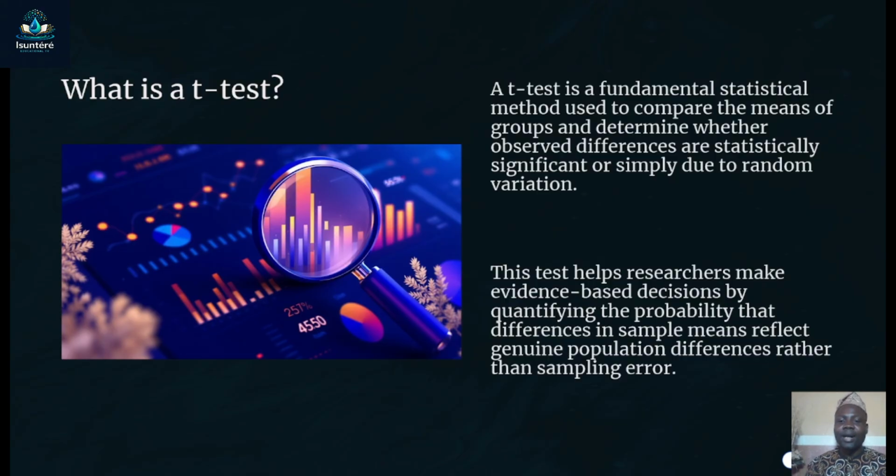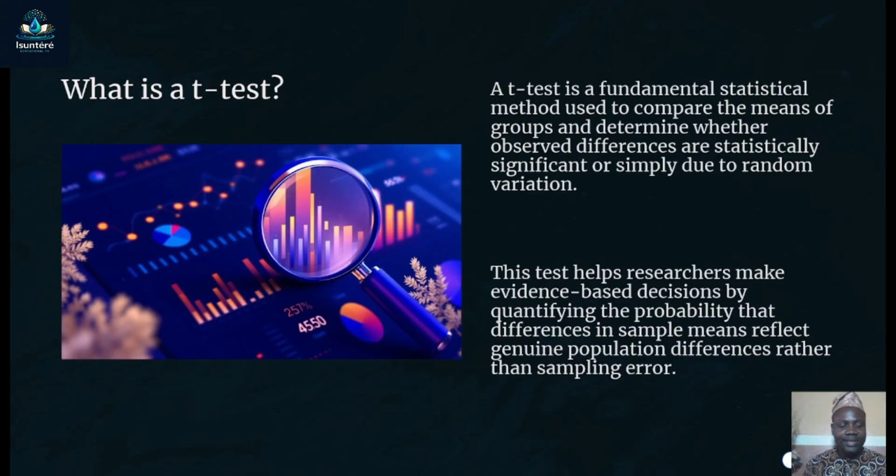For example, if we have two tubers of yam that are almost similar and you are using your hand to check which one is bigger, the chances are high that there could be error in your judgment.